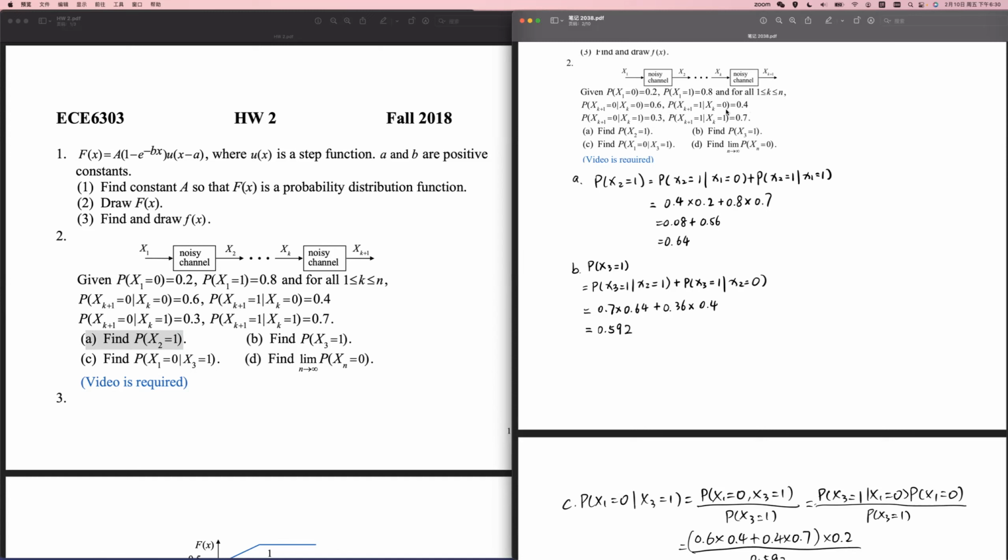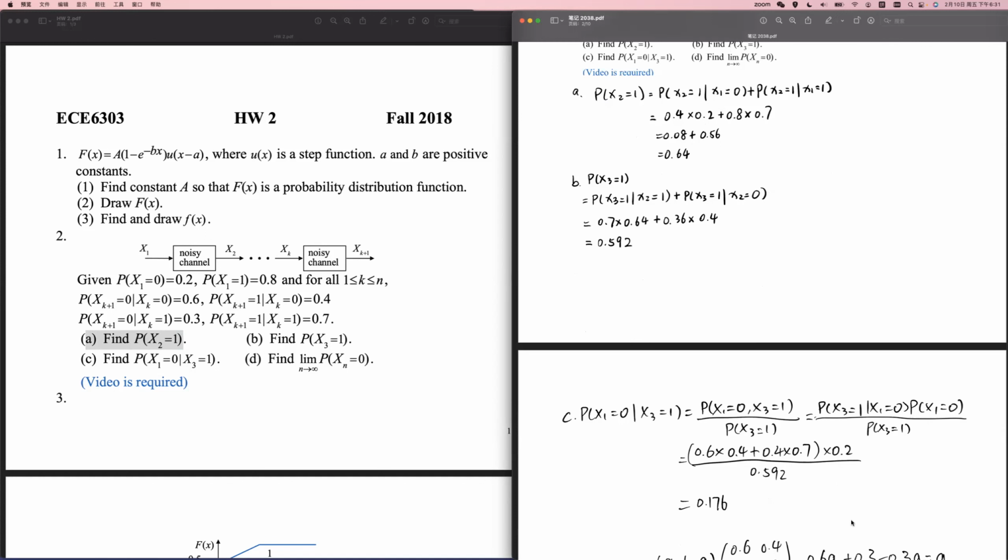No, it should be x2 equals 0 and x3 gets 1, which is 0.6 times 0.4, and also x2 can be 1, so it should be 0.7 times 0.4 to get x3 and x2 both equal to 1.